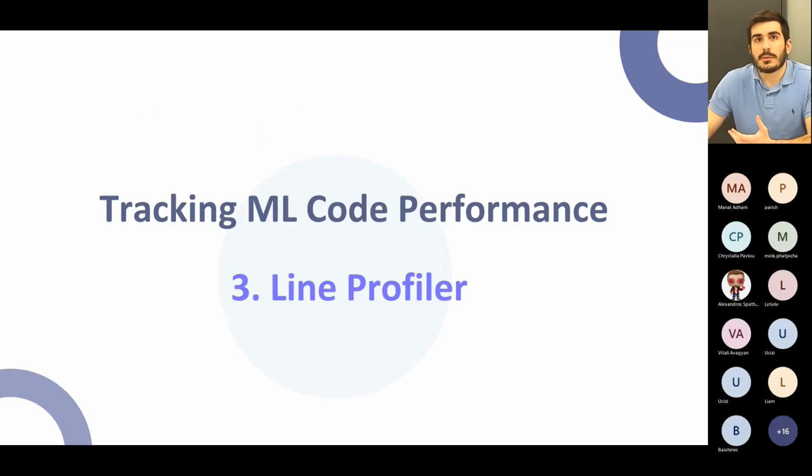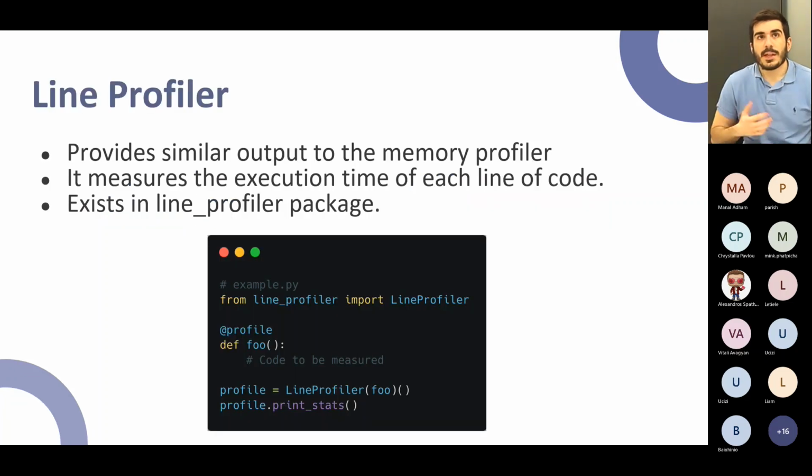A third way you can track your code performance is by using the line profiler. Again, the line profiler can be found in PyPI. It's not provided by default in Python, but it's very easy to install.